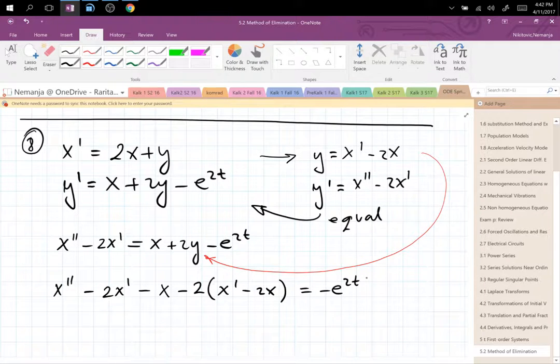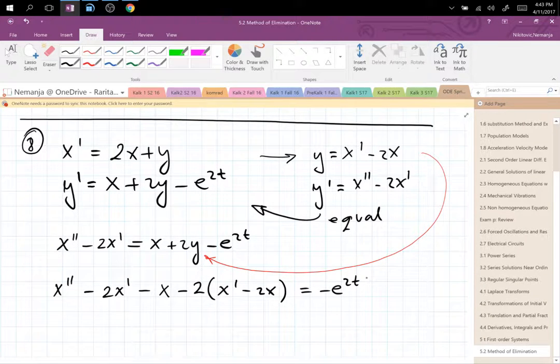I have x prime equals 2x plus y, x double prime. Now I'm picking to solve here for y because of the e to the 2t. So when I solve this one for y, I get this, and then differentiate it to create y prime so that I can set these two y prime equations equal to each other. So that's the method of elimination.